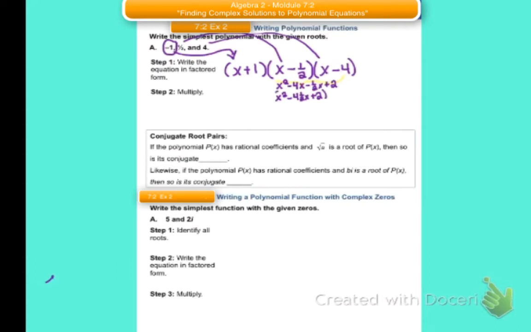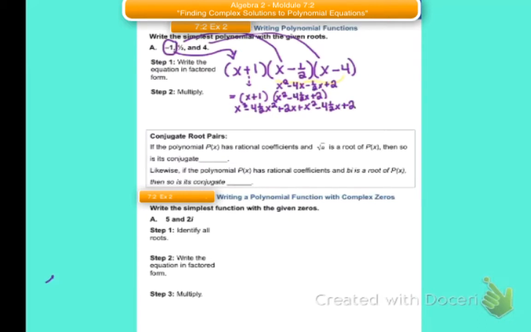Now I bring the x plus 1 down and distribute it through. The x distributed through: x times x squared is x cubed, x times minus 4.5x is minus 4.5x squared, and x times 2 is 2x. Then distribute the 1 through: 1 times x squared is x squared, 1 times minus 4.5x is minus 4.5x, and 1 times 2 is 2.